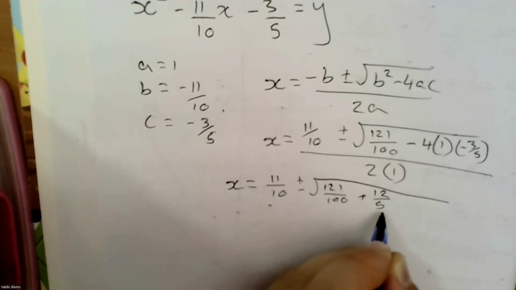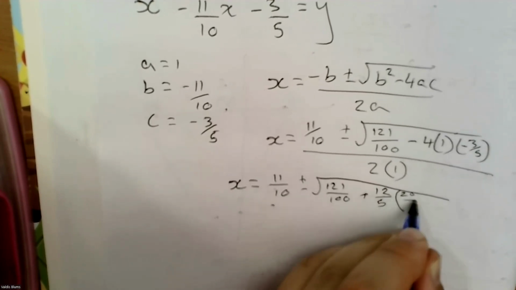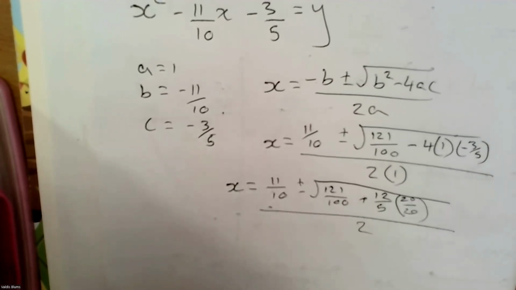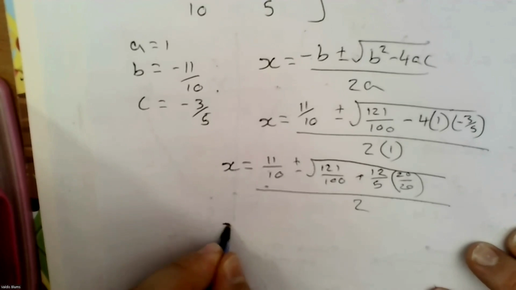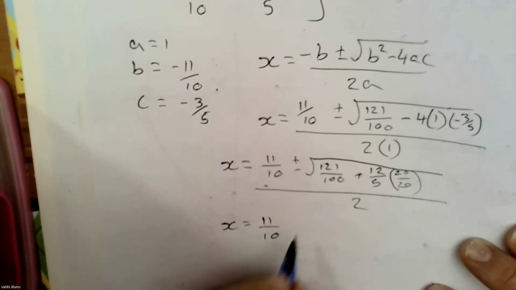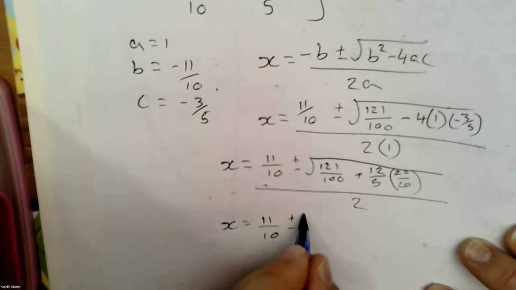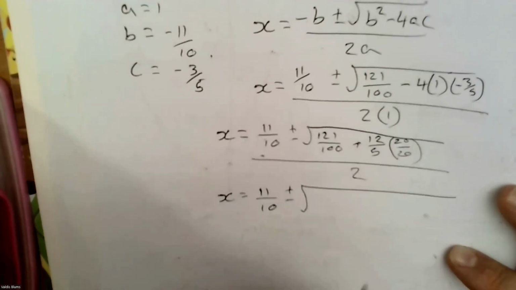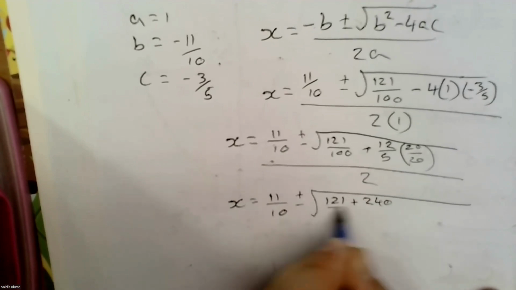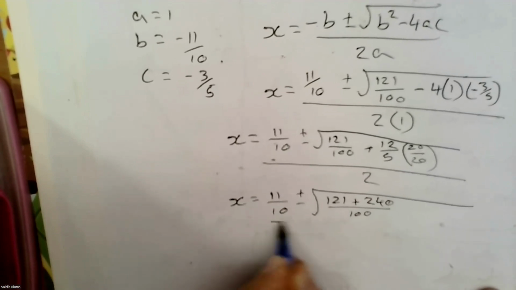And to get that to 100, I'm going to scale it by 20 on 20, all over 2. So x is equal to 11 on 10 plus minus square root 121 plus 240 on 100 all over 2.